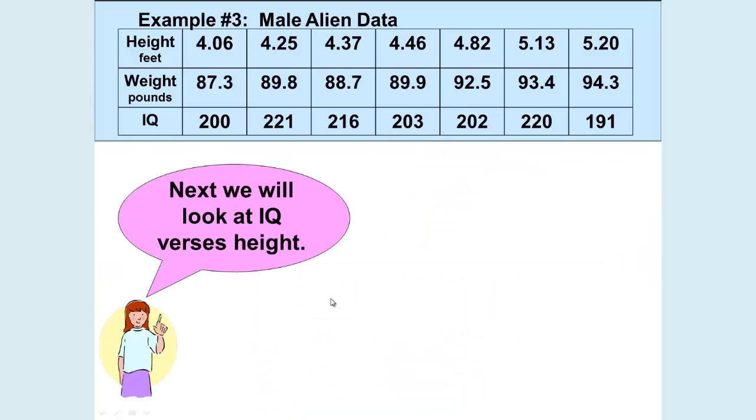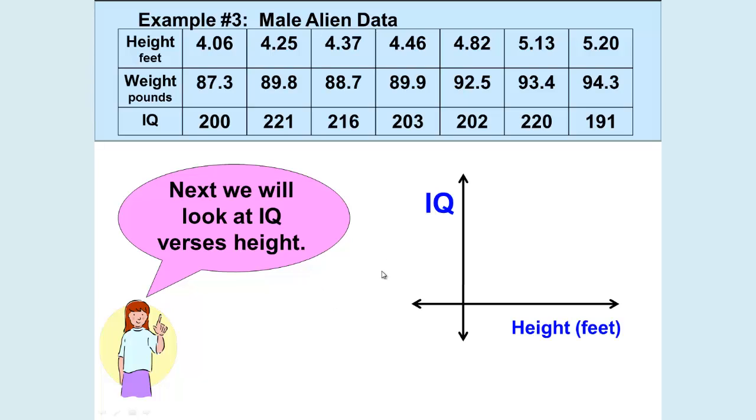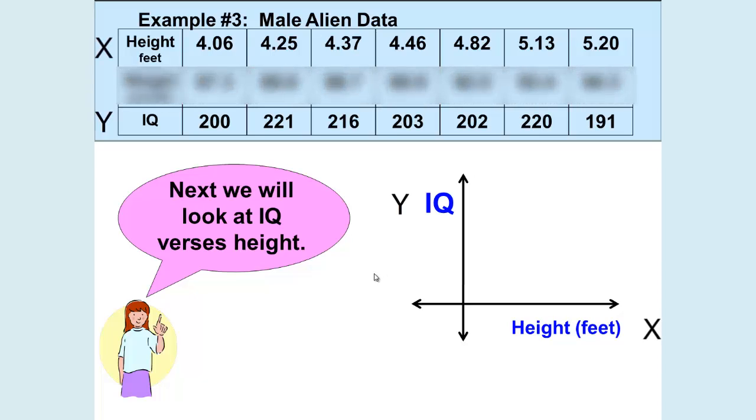Next, let's look at IQ versus height. That means we'll put IQ on the vertical axis as our y and height as our x. In your calculator, height will be in list 1 and IQ should be put into list 2.